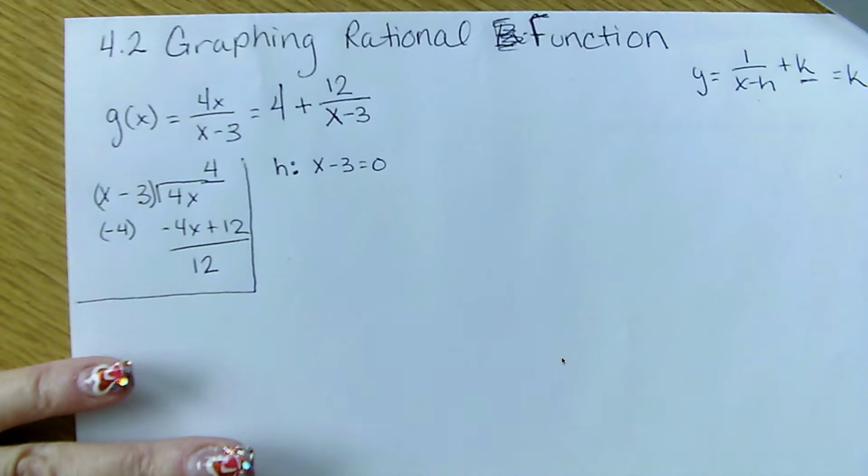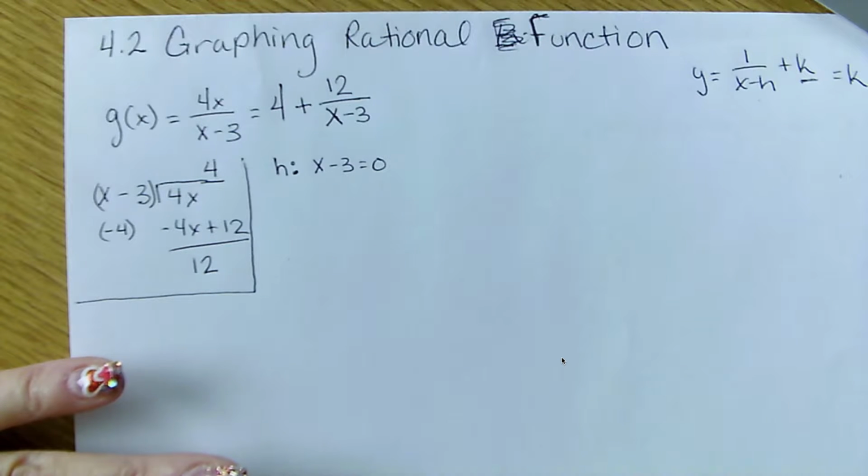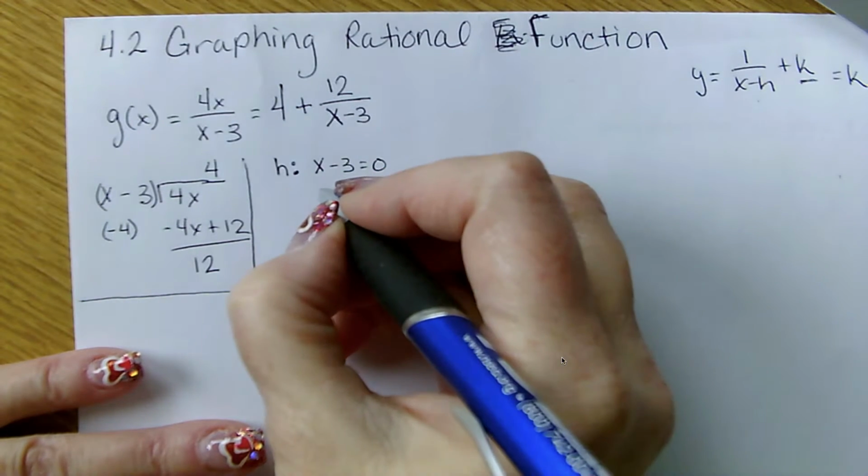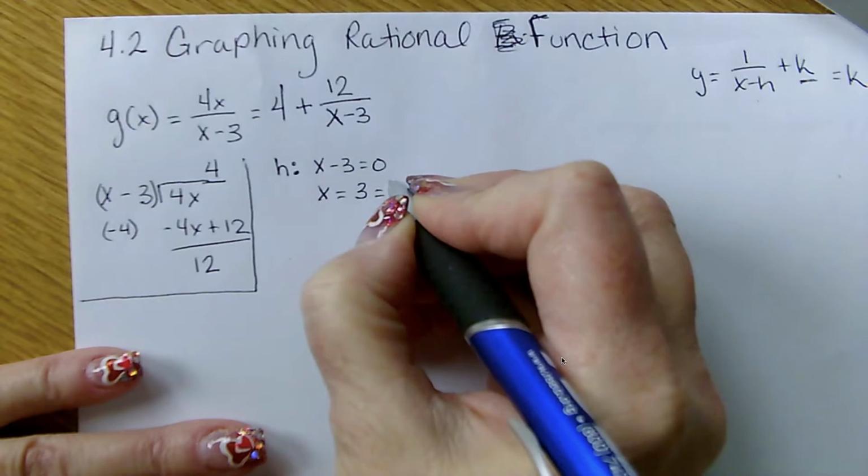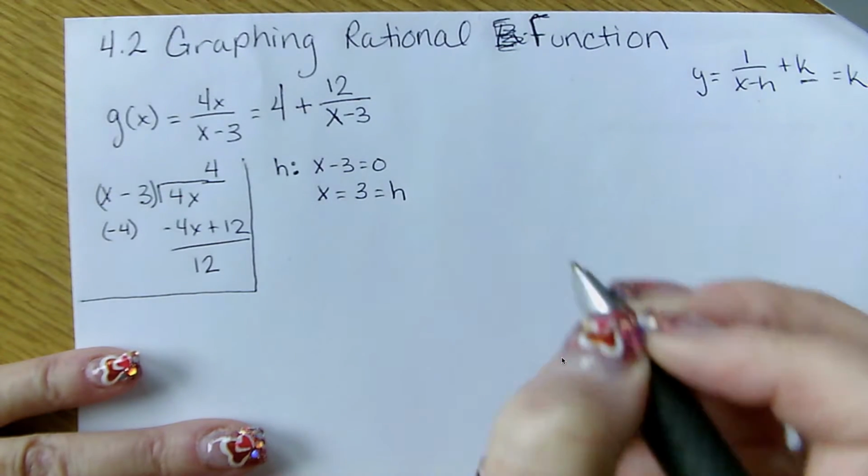Because h finds my vertical asymptote. Well, that happened when I divided by 0 last week, didn't it? So if I set the denominator equal to 0, is that finding out what makes the denominator 0? Yes. So I get x equals what? 3, which is also my h.